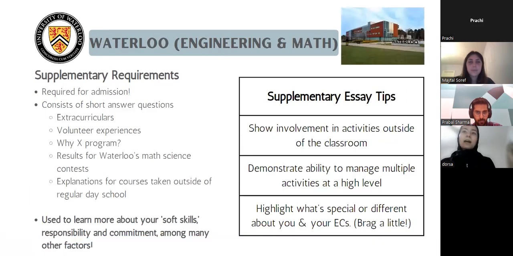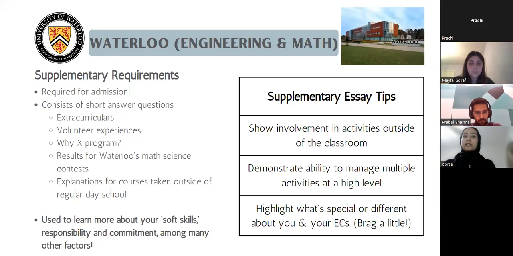Waterloo also has some supplementary applications. This is required for admission. I know a lot of programs require this for Waterloo. This includes short answers for extracurriculars, volunteer experiences, why you're entering that program, results for Waterloo's math or science contests. I know for grade 12, one of the math contests was the Euclid contest.